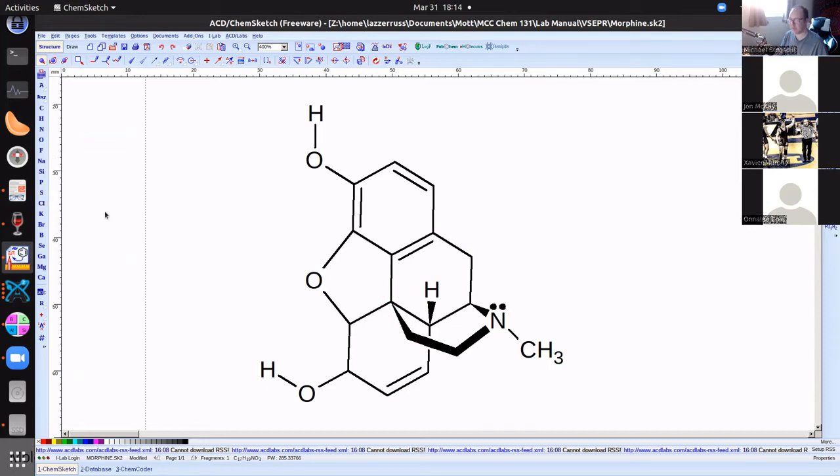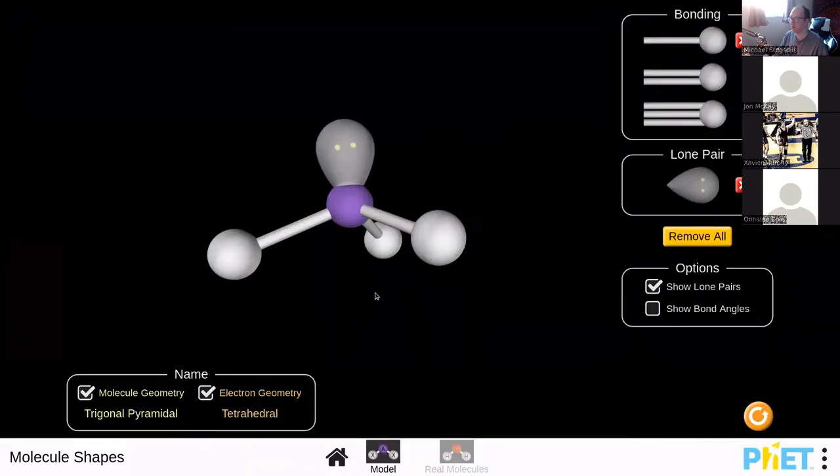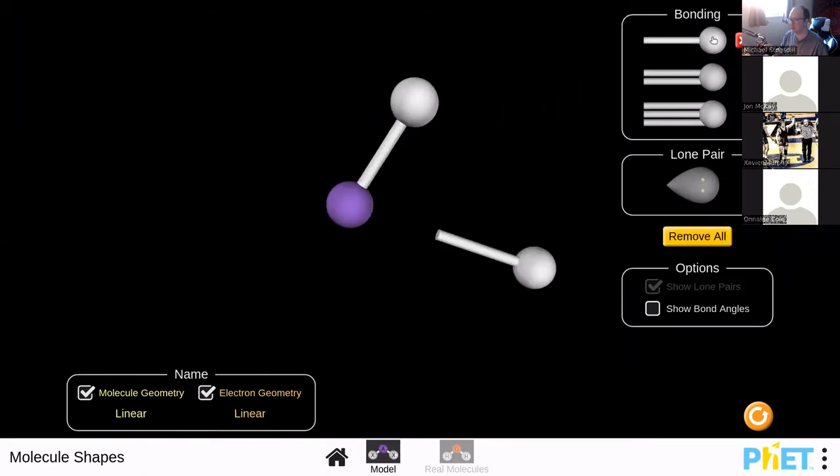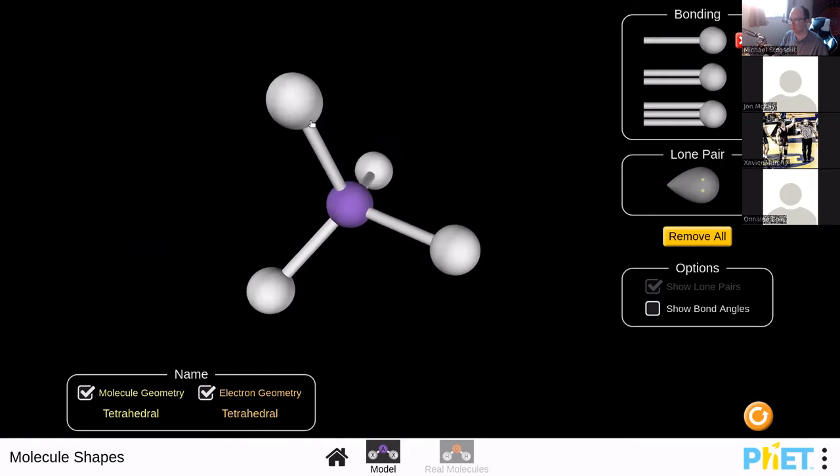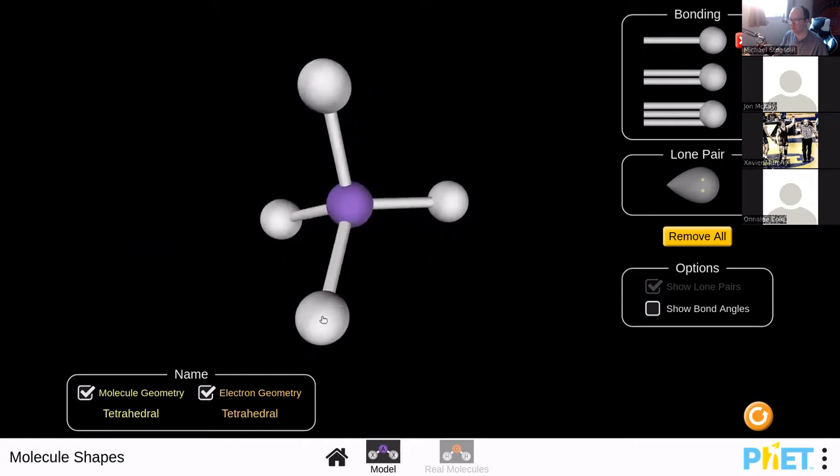If we go back to our simulation here, we're in a situation where we have 4 bonds forming. And we can see that now we have the electronic geometry matching the molecular geometry.